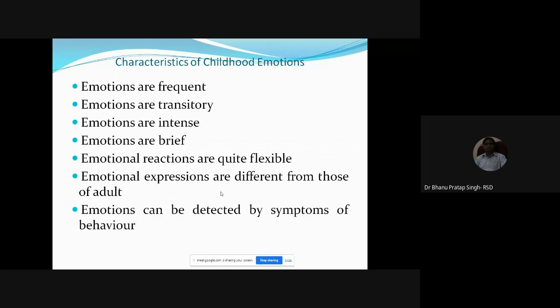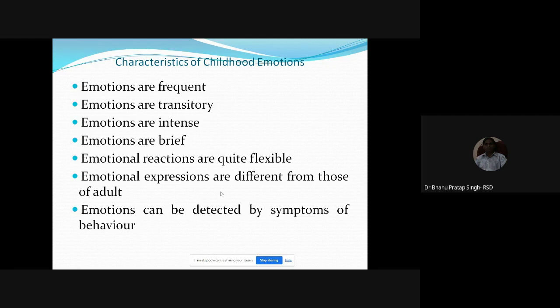So emotions are transitory, in transition. Even emotions are intense. Sometimes emotions are brief, like sorrow. Emotional reactions are quite flexible. One time he is laughing, and the very next time he may start crying.